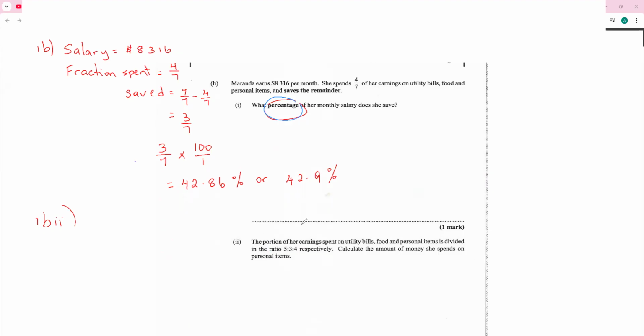The portion of her earnings spent on utility bills, food, and personal items is divided into the ratio of 5 to 3 to 4, respectively. Calculate the amount of money she spends on personal items.